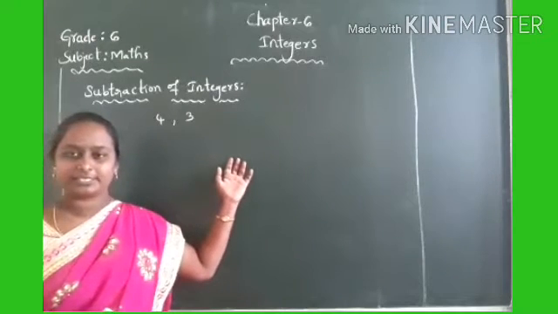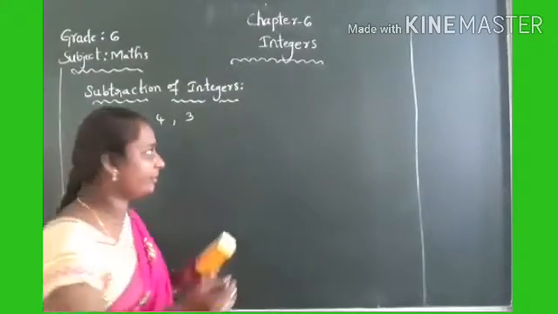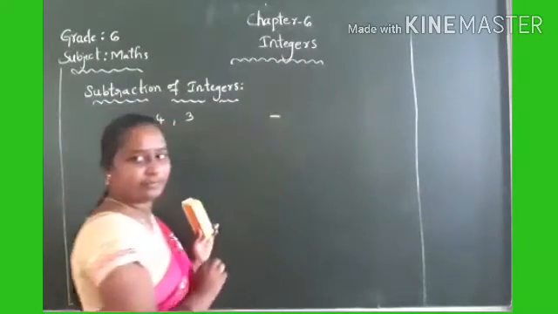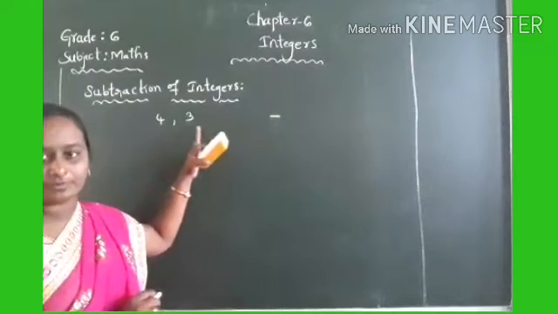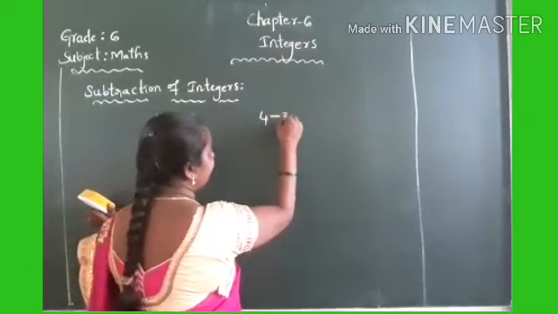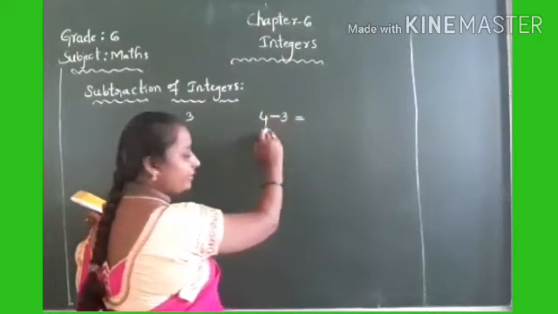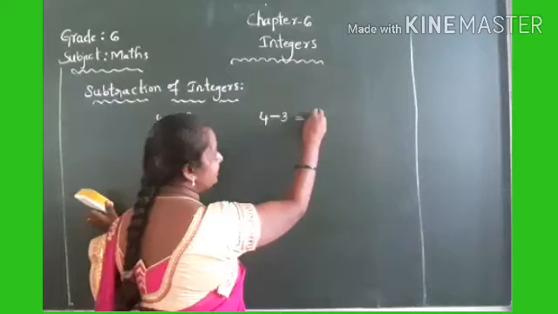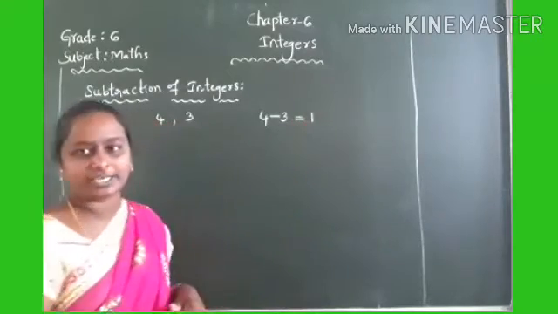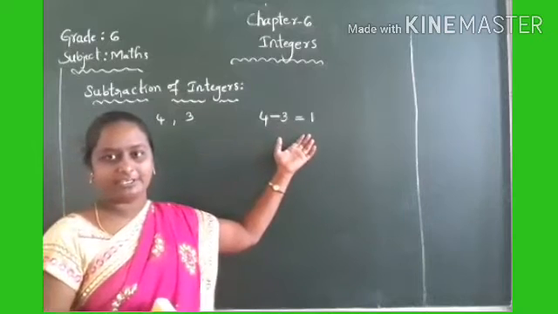How to subtract? Do you know the symbol for subtraction? Yes, minus. Subtraction of 4 and 3: you have to give 4 minus 3. It gives, subtract 3 from 4, how much? 1.